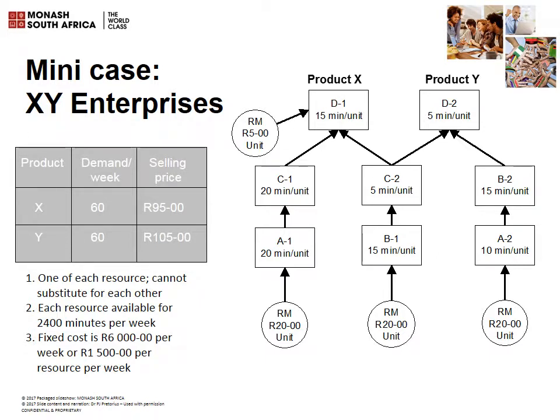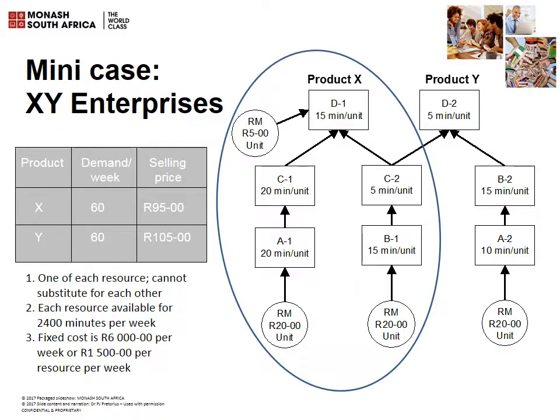Understanding the dependencies, we can follow the logic of what is required to make one of X by following the dependency arrows in the opposite direction. The ellipse shows which processes and raw materials are required for making one of X. Obviously, when 60 of X are demanded, we have to execute these processes 60 times each.